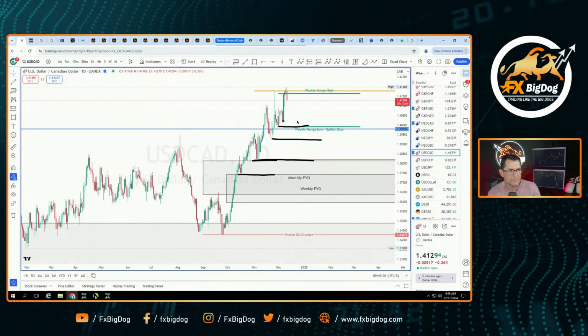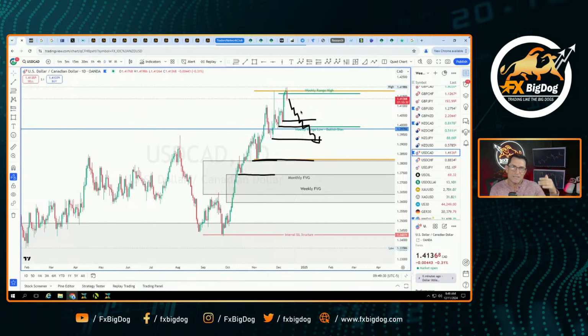Some people are talking about 146 on the US dollar CAD. I'm not disputing that 146 is a play. I'm just saying that before we get to 146, we've got to see the market sweep the liquidity that was generated on the move going up.